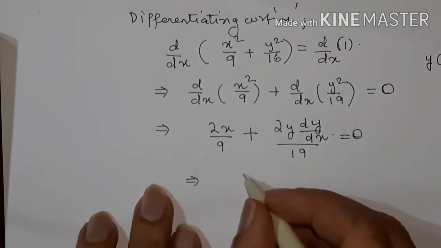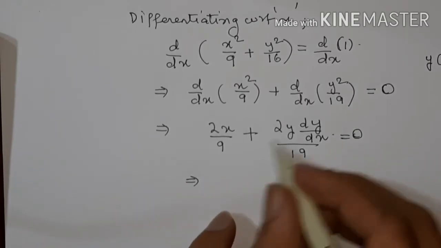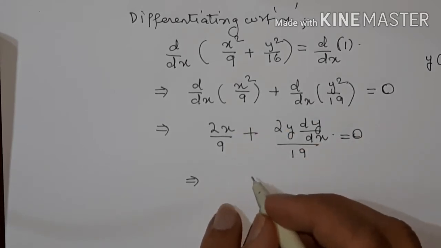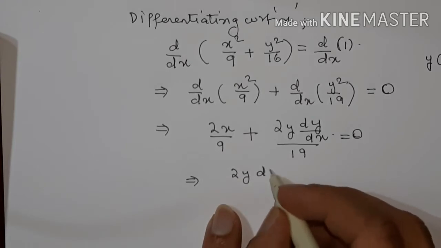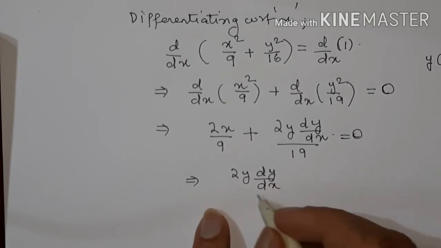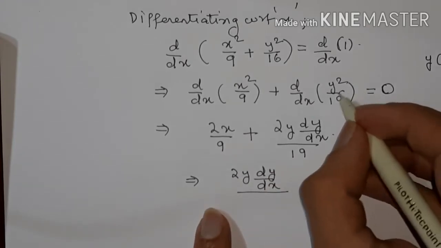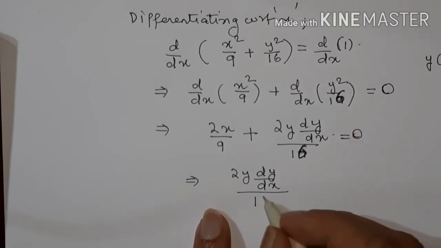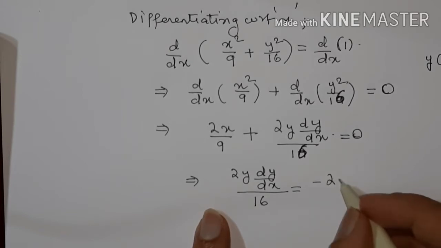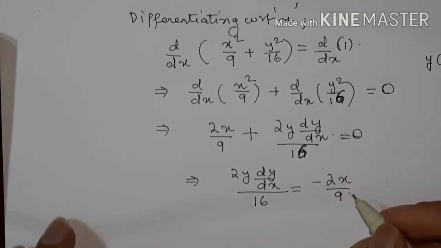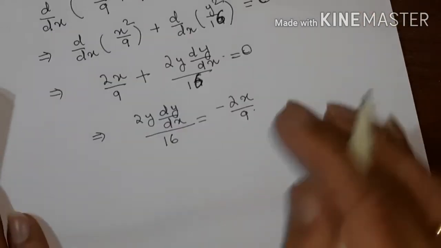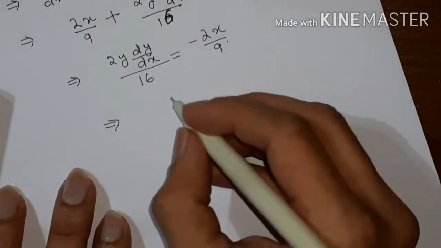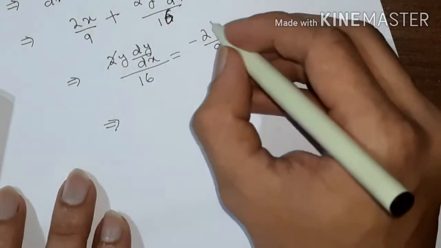So what you will get here: if you take 2x divided by 9 to the other side, you will get 2y dy by dx divided by 16 equal to minus 2x divided by 9. This 2 and 2 will get cancelled here.